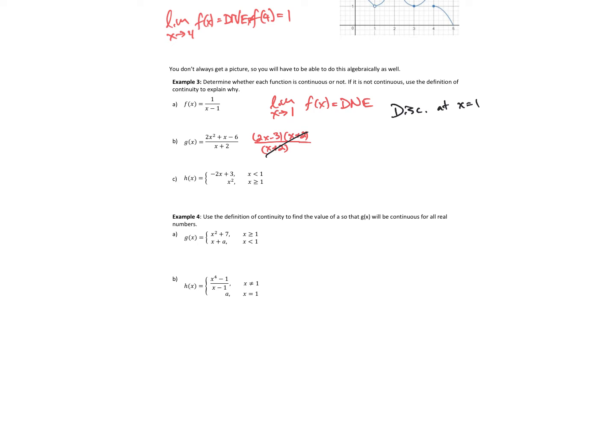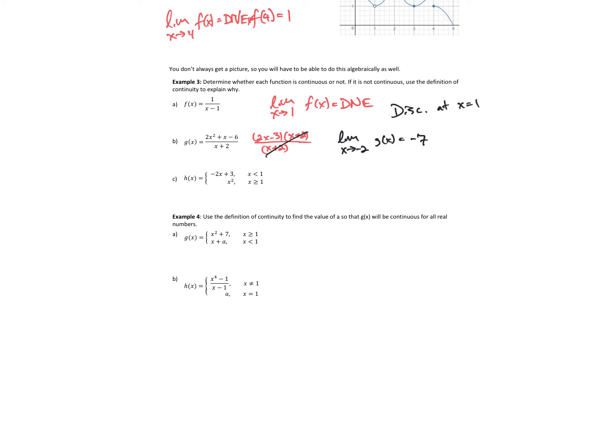All right? And so if I take a limit as x approaches negative 2, I do get something. Because I substituted in my simpler function, right? I do get that. So if I substitute in negative 2, what do I get? Negative 7. But what's actually happening at negative 2, negative 7? It's a what?